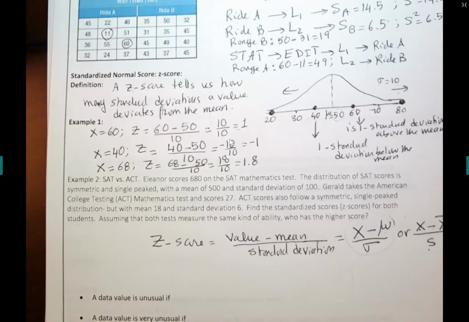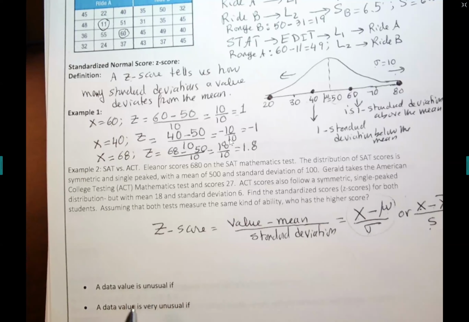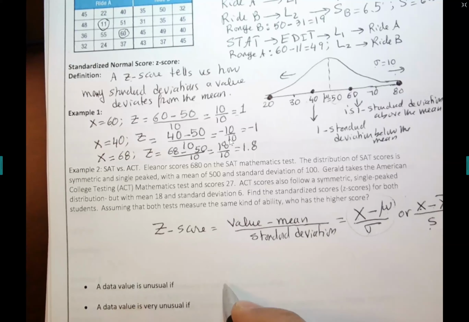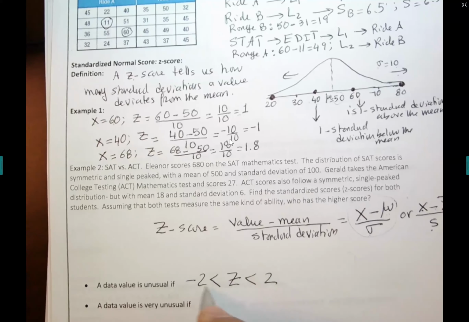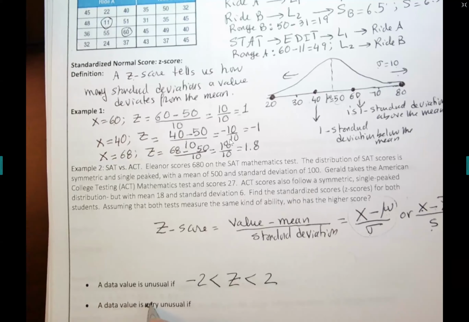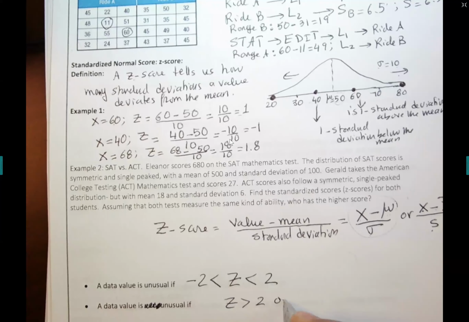So a data value is usual if the z-score, guys, is between -2 and 2. If you get a z-score between -2 and 2, this is a usual value. We'll deal with it. But a data value is unusual, I'm just going to put the unusual here, if it is more than 2 or less than -2.